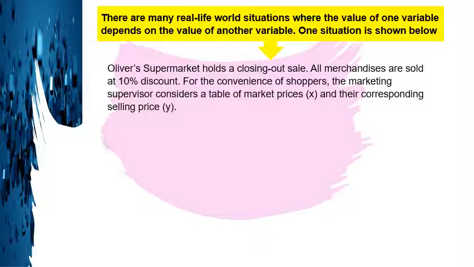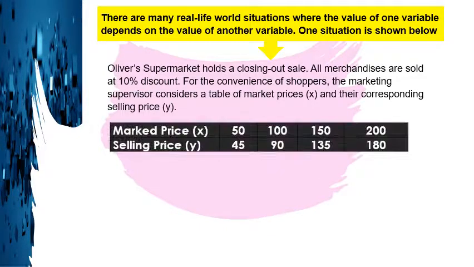For the convenience of shoppers, the marketing supervisor considers a table of market prices as X and their corresponding selling price as Y. The market prices are 50, 100, 150, and 200, and the selling prices are 45, 90, 135, and 180.